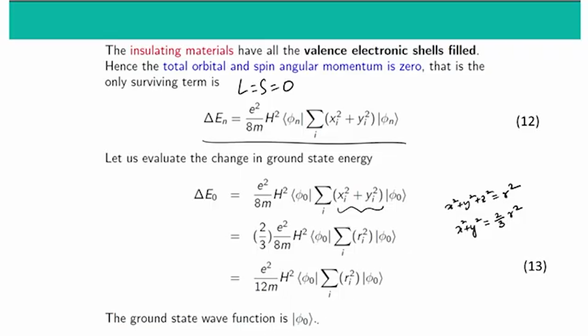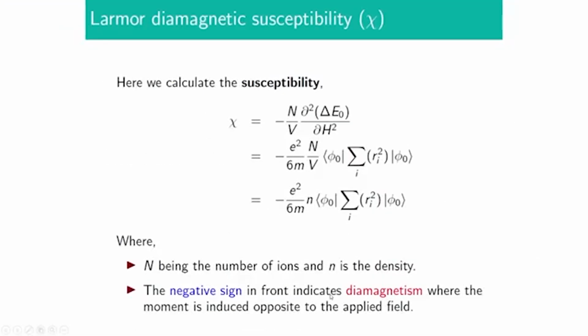So, this phi 0 is nothing but the ground state wave function. All right. So, we will calculate the susceptibility using this minus n by v and this del 2 E 0, that is the correction to the ground state energy, by del h square. It is second order in h. So, you take a double derivative, and what you land up with is this expression, and this is of course an expression for magnetic insulators, the diamagnetic susceptibility.